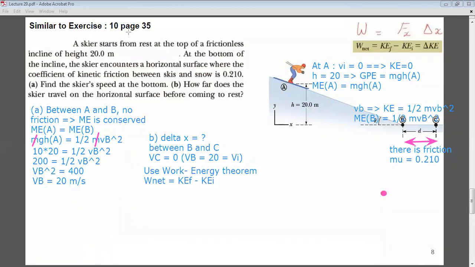What are the forces acting on him? There is a friction, there is normal, there is weight, right? And he is moving to the right. So the x-axis is to the right. The y-axis is perpendicular to it. This is normal here. This is weight here. And there is friction here.